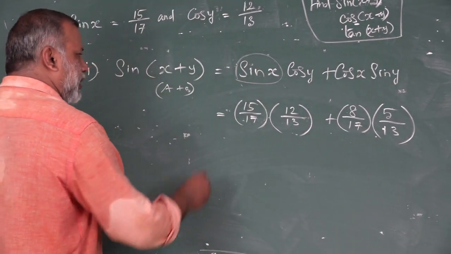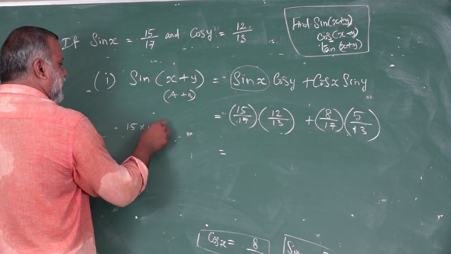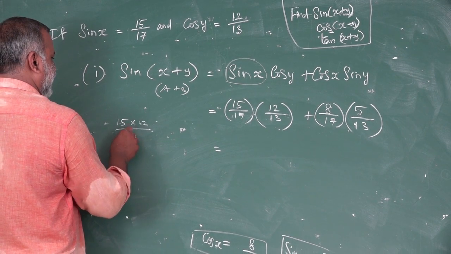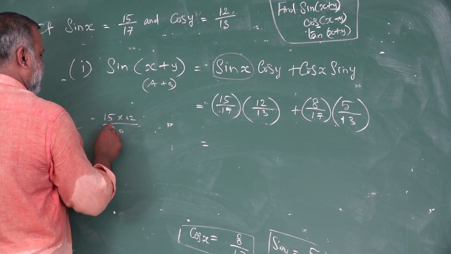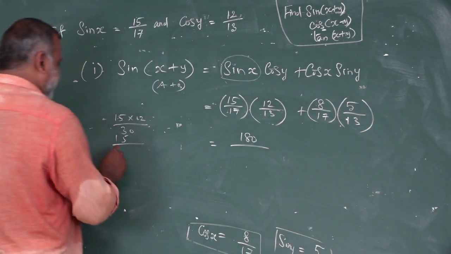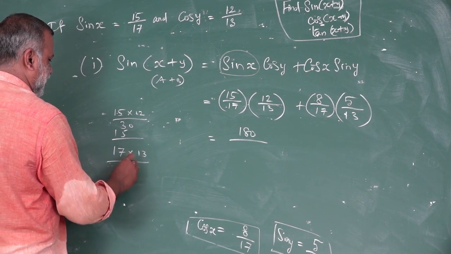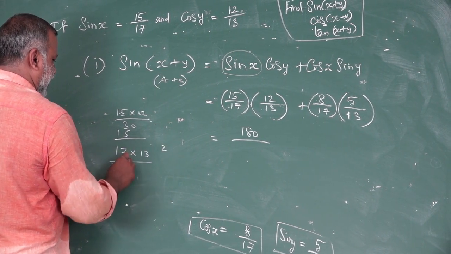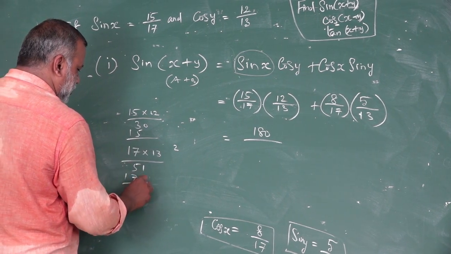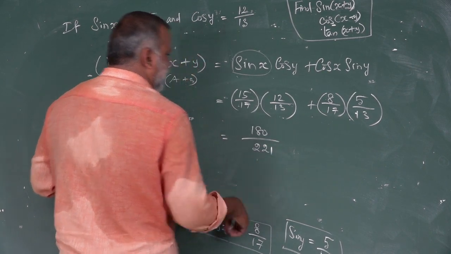Now we simplify. 15 multiplied by 12: 5 twos are 10, carry 1, 30, again 5, so 180 divided by 17 into 13, which is 221.